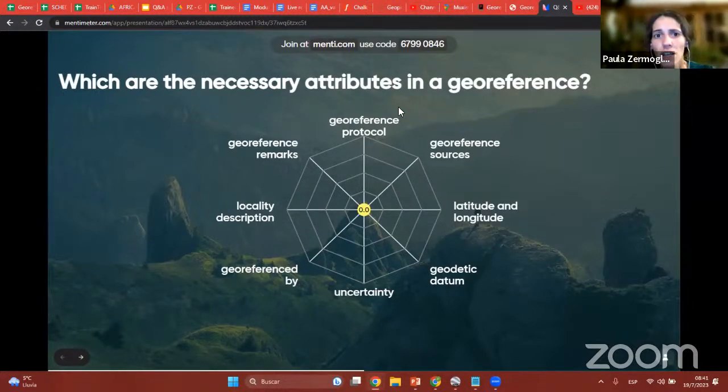The attributes are georeference protocol, georeference sources, latitude and longitude, geodetic datum, uncertainty, georeferenced by, locality description, and georeference remarks. We will give you a moment to complete this.